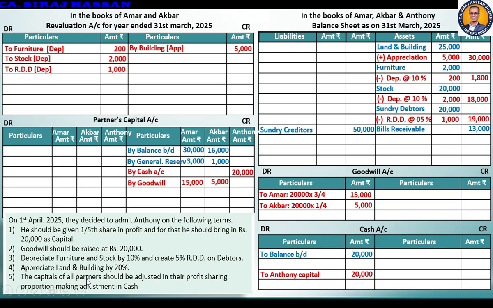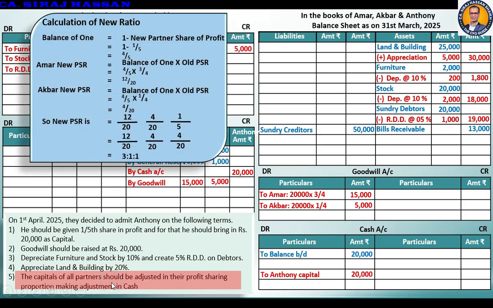Capital of all partners be adjusted in their profit sharing ratio, and whatever excess or deficit is there will be adjusted in cash. So the first step in this is that we have to calculate the new profit sharing ratio. In the earlier problems, we have seen how the new profit sharing ratio was calculated. 1 minus new profit sharing ratio will give you 4 by 5.